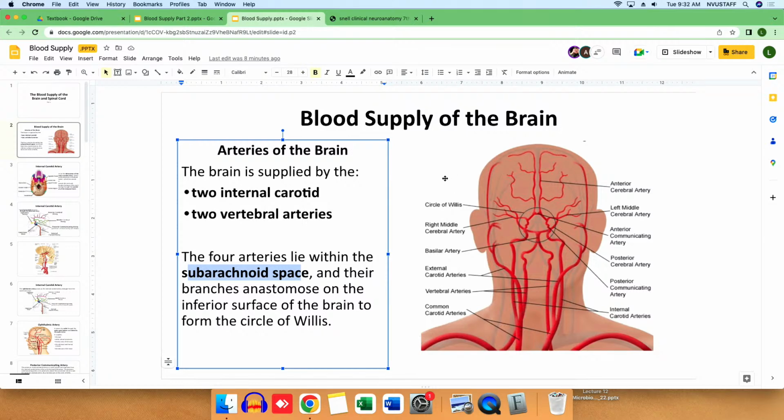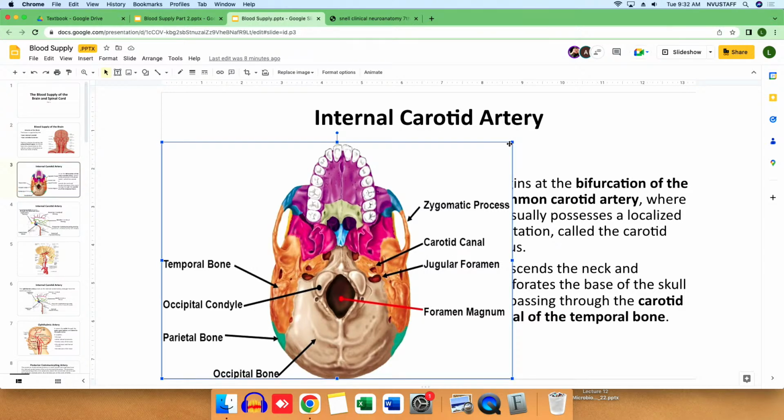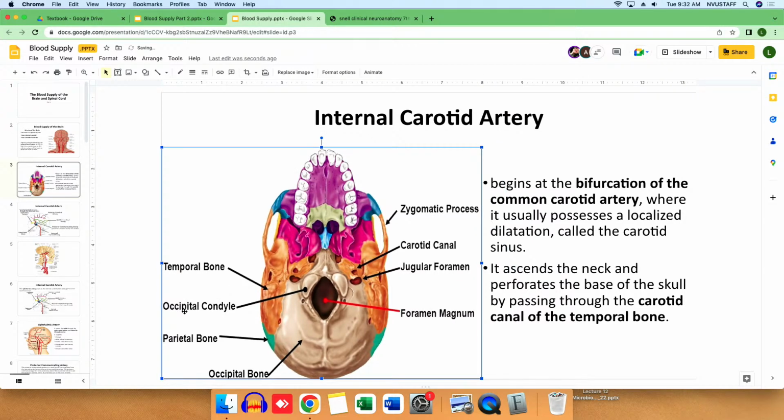Good. So as we continue, let's talk a bit about the internal carotid artery, what it is composed of and how it is passing through the skull, because I believe it's clear that the internal and external carotids and the common carotid are passing from the thoracic region towards the head through the neck, which is not protected that much.